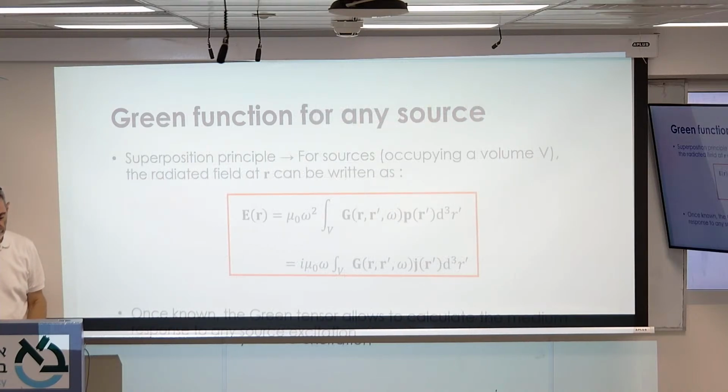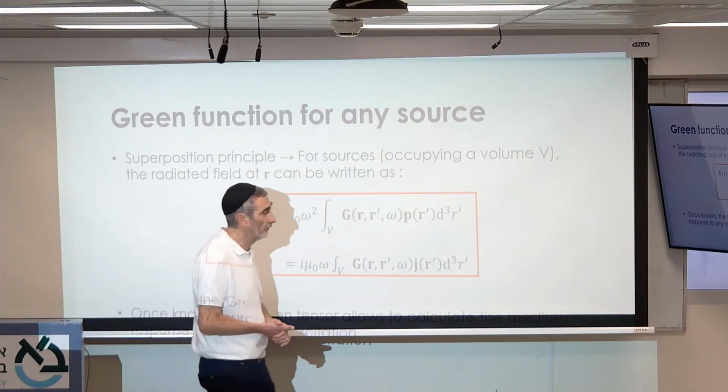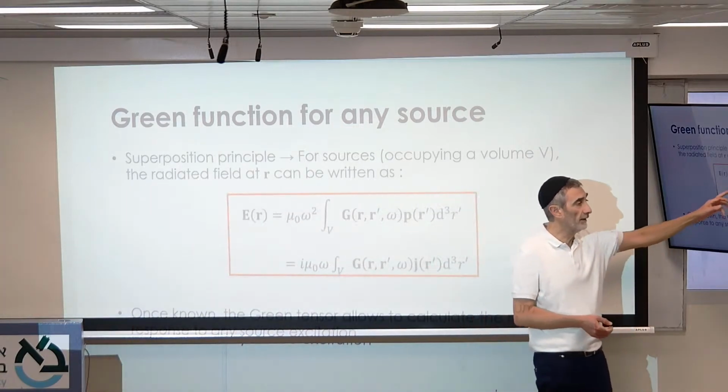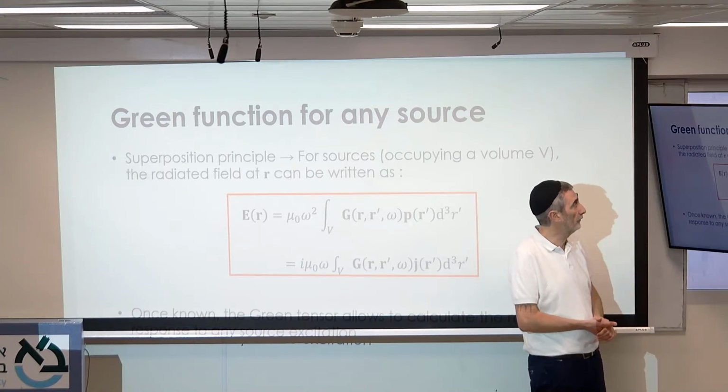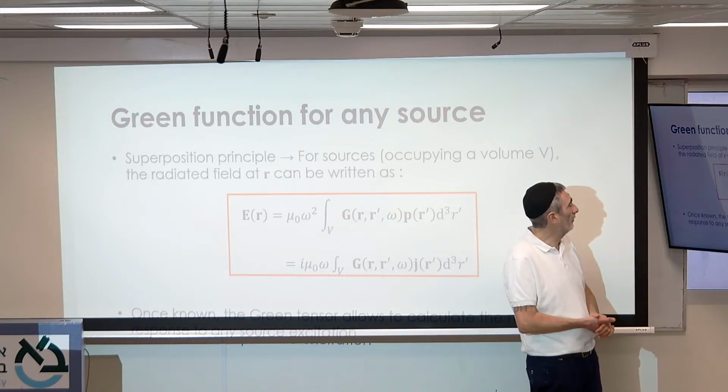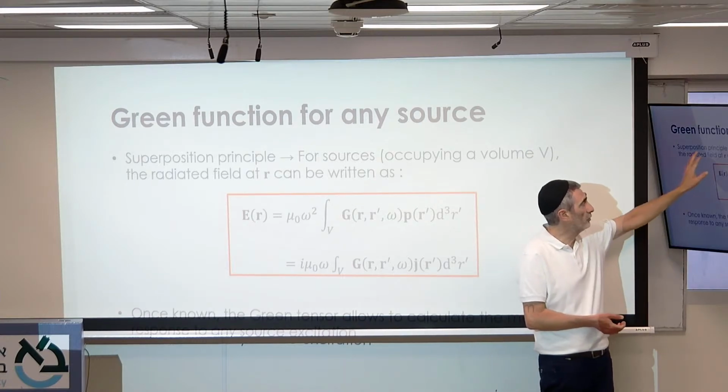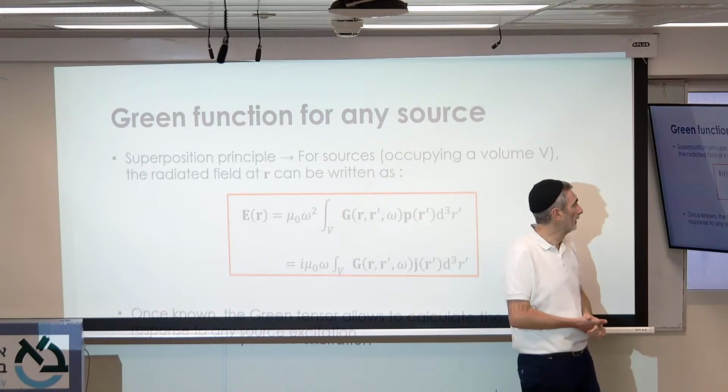So the green function for any source: instead of one dipole, consider a collection of dipoles, of sources, of emitters. You just integrate again over the volume that includes all the dipoles, and by the superposition principle, it's just a sum.